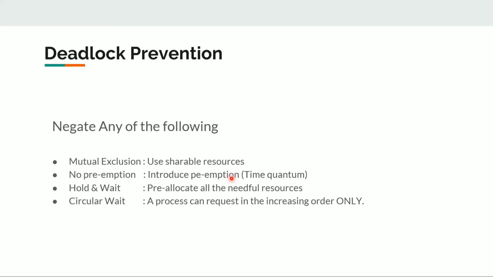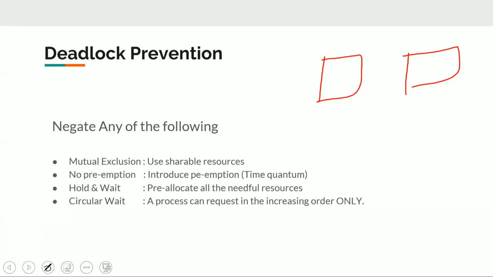For mutual exclusion, what it says is that there should not be any shareable resource in your system. So for example, I have only one CPU, and I introduced a distributed system. There are multiple CPUs in the system, so processes can share the CPU at the same time.